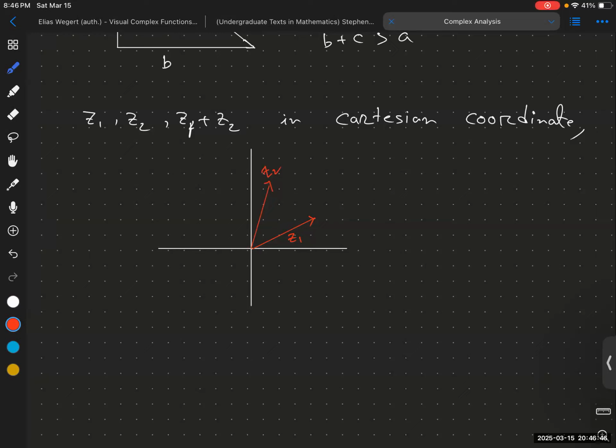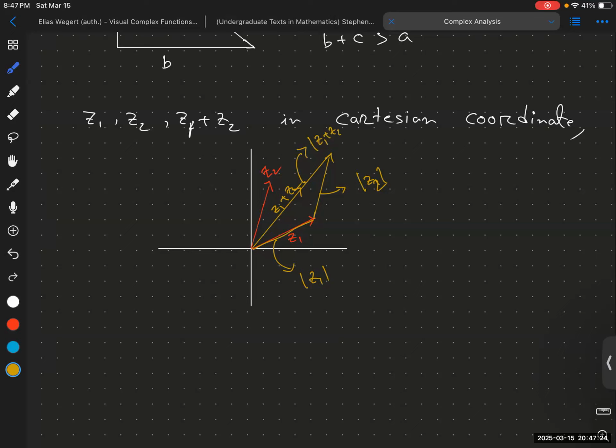Then what will be z1 plus z2? If we just place this z2 here, then we can form a parallelogram, and the diagonal of that parallelogram will be our z1 plus z2. So this length will be the modulus of z1, this length will be the modulus of z2, and this length will be the modulus of z1 plus z2.